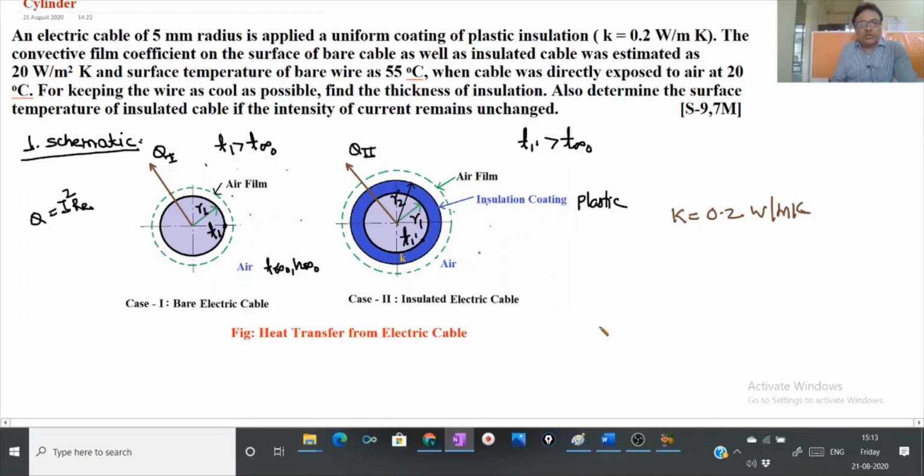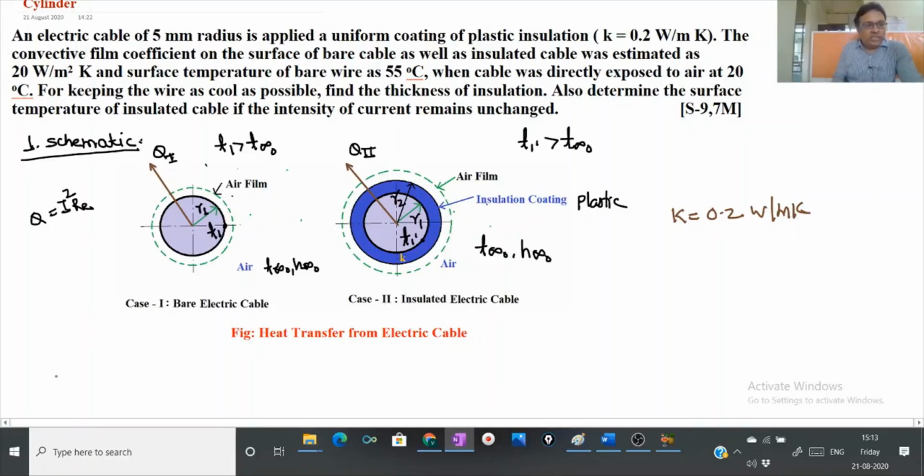In the second case also, the surrounding is having temperature T infinity O and the convective heat transfer coefficient H infinity O, as in the case 1. The title of this figure is Heat Transfer from Electric Cable.